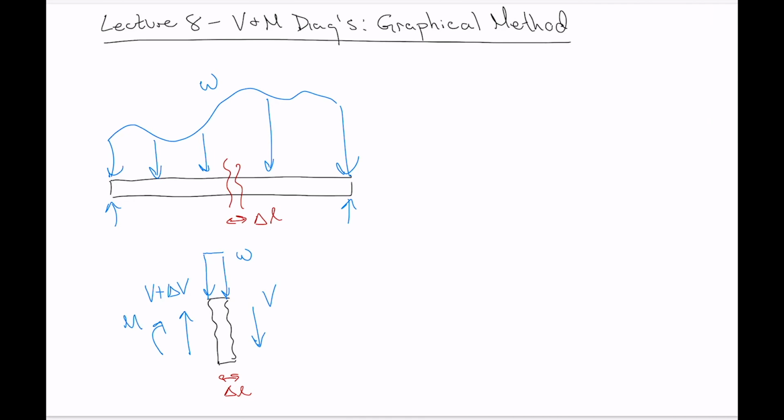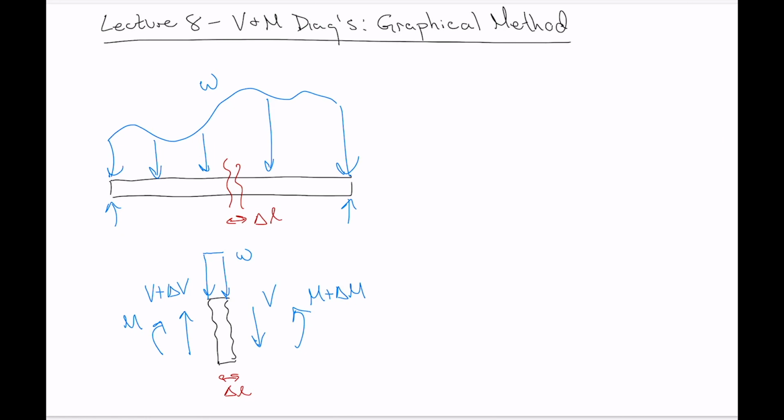If this is M here, then the moment on this side in the same way would be M plus delta M, so a small increase in the internal moment.